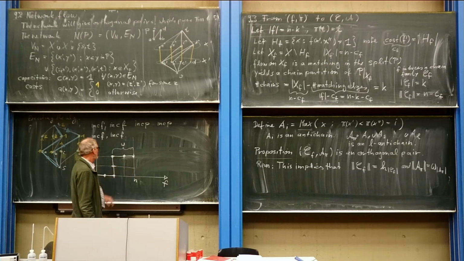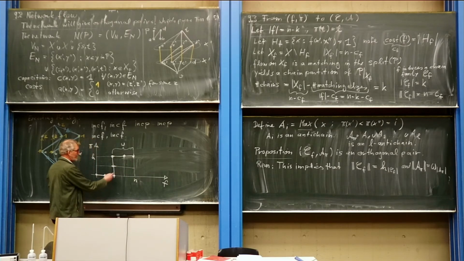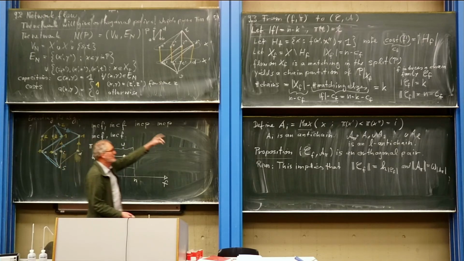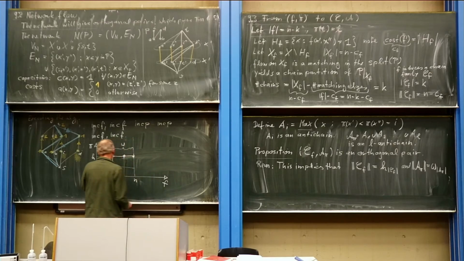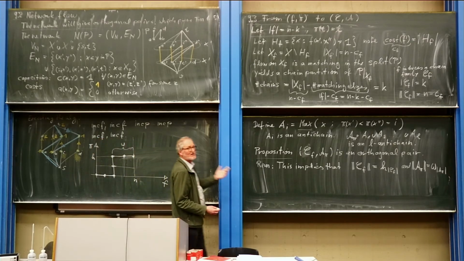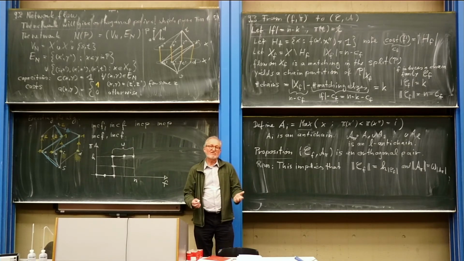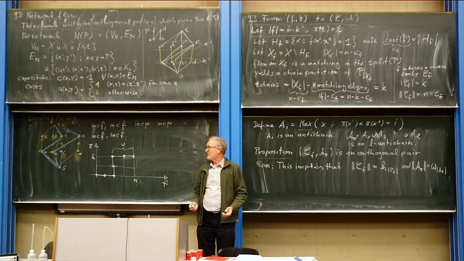And it's easy to see from what we already said that this shape is actually the Ferrers diagram that we need for theorem 5.